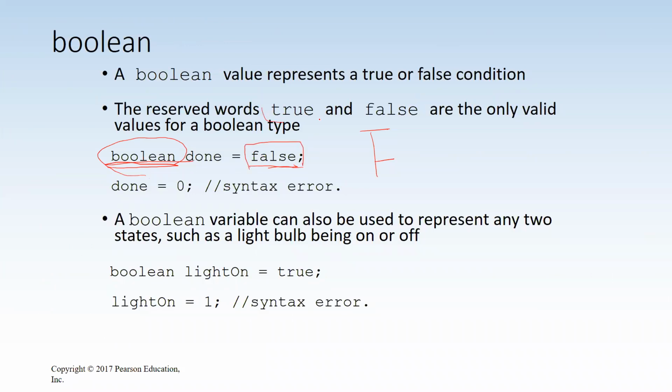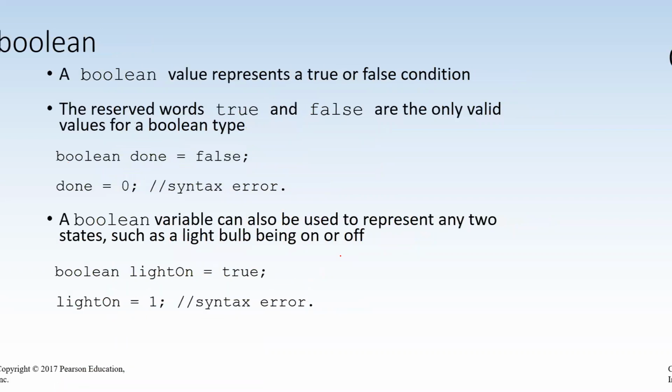That's very important to remember. That's the keyword, true or false. You cannot assign a number value to it. So it has to be true or false. This is wrong, because this is a number. And this is correct because it is true, right? That's Boolean.